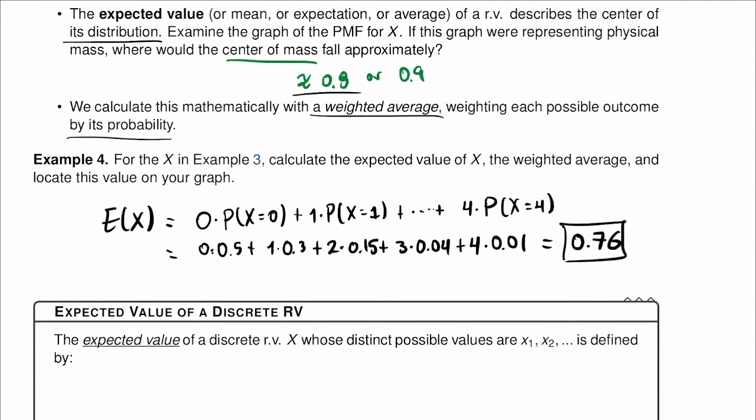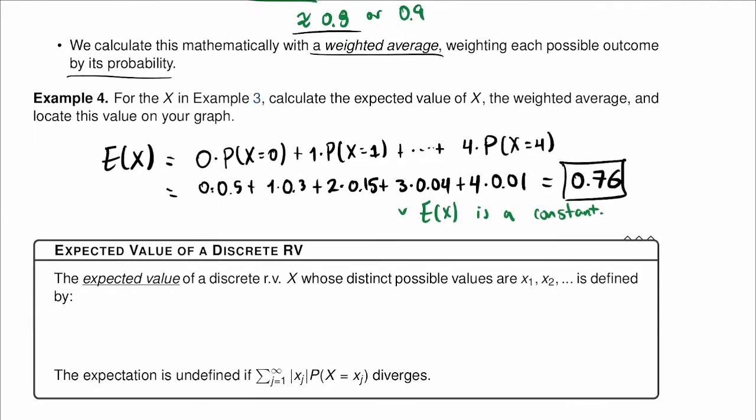We have two properties here, so you can remember: the expected value of x is a constant, it's a number, okay?